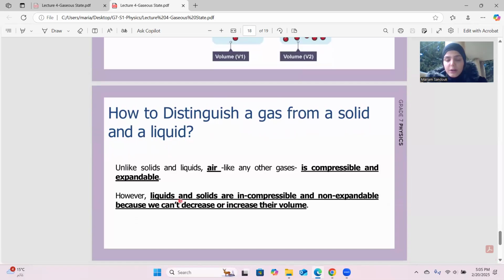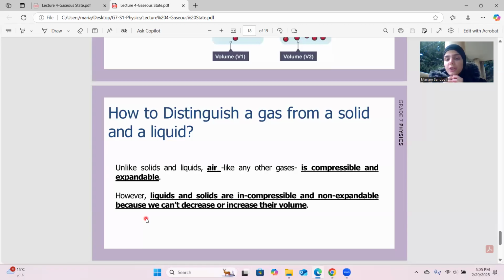However, liquids and solids are incompressible. They cannot be compressed and cannot be expanded because we cannot increase or decrease their volume. We can increase or decrease the volume of gases because we can compress and expand them. Liquids and solids have definite shapes and definite volumes.